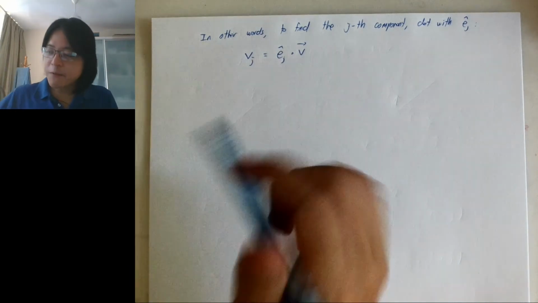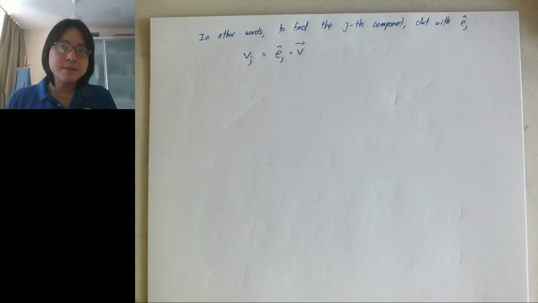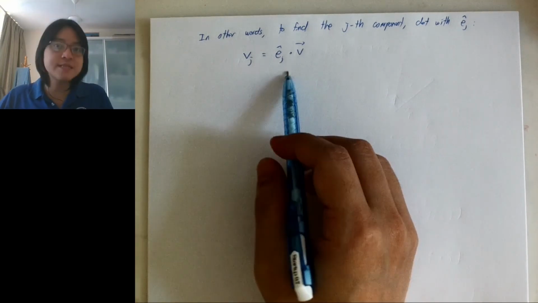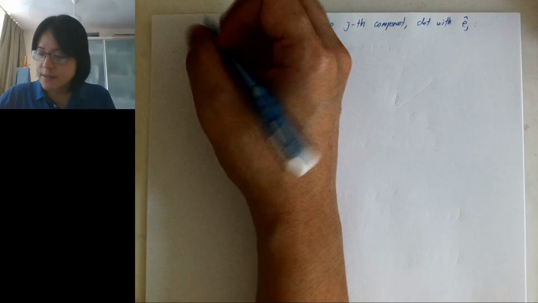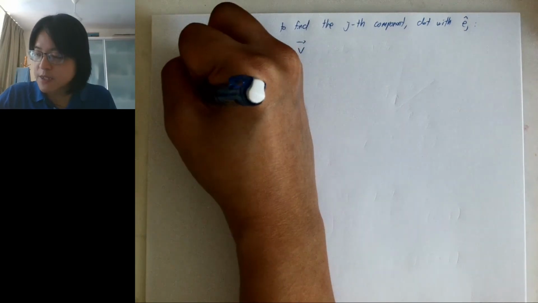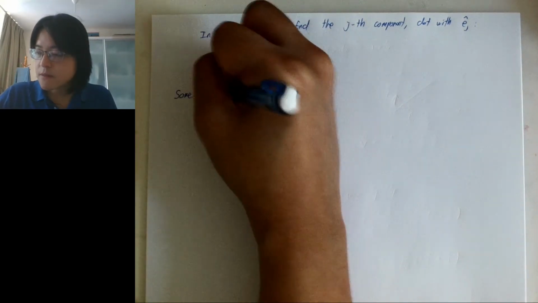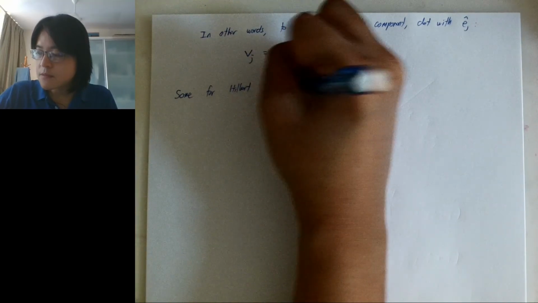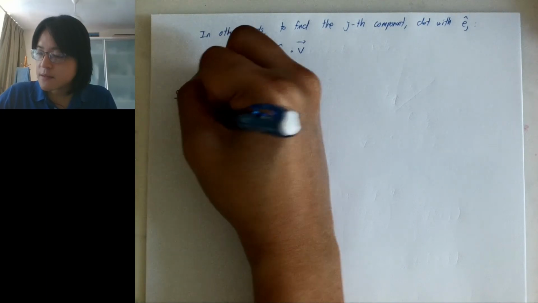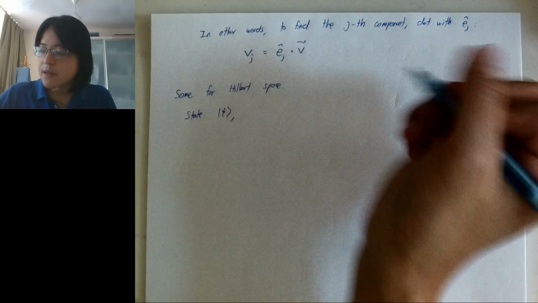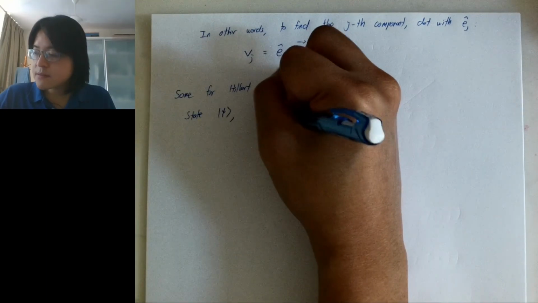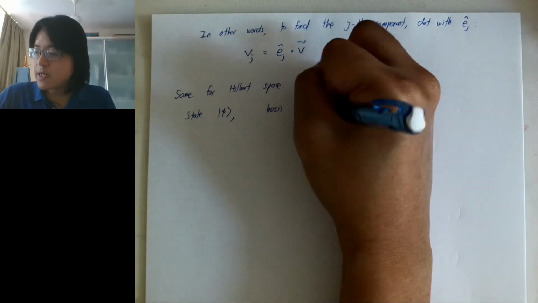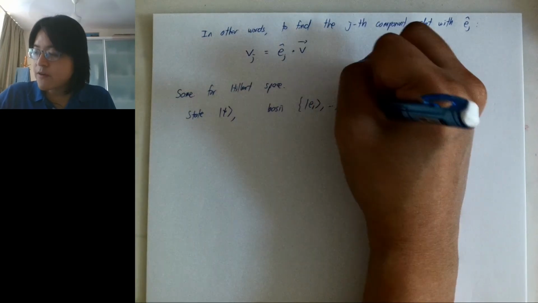So where were we? We are talking about figuring out the components. I gave you this example in R2, but the same works for Hilbert space. Let's say I have a state psi, and I've got the basis E1, E2, E3, E4 until En.